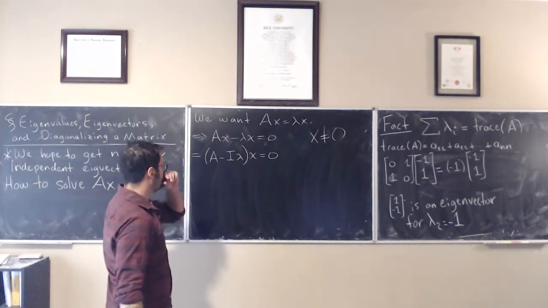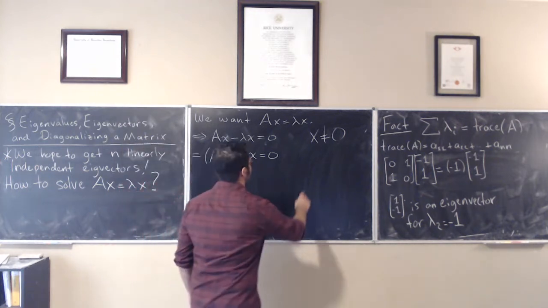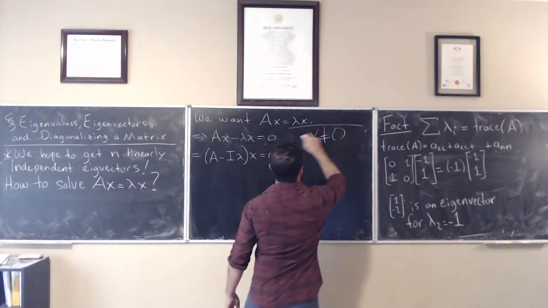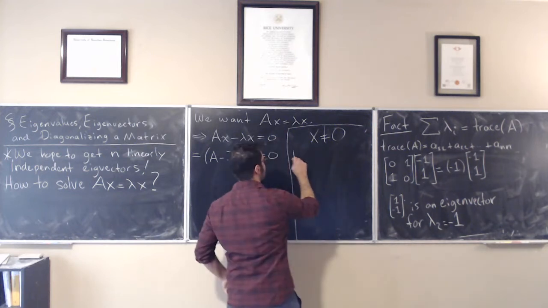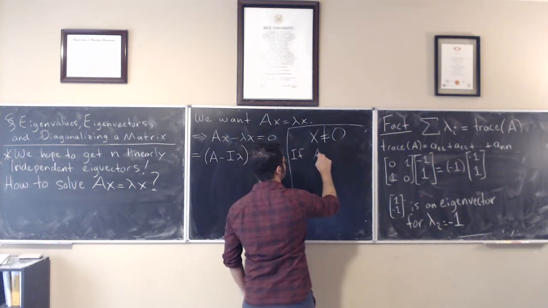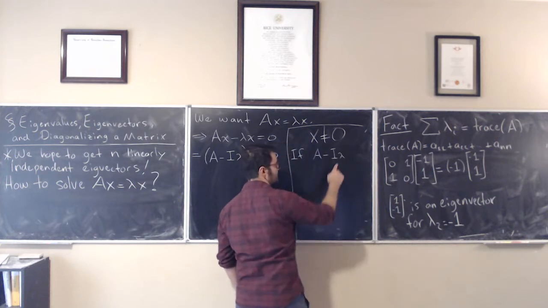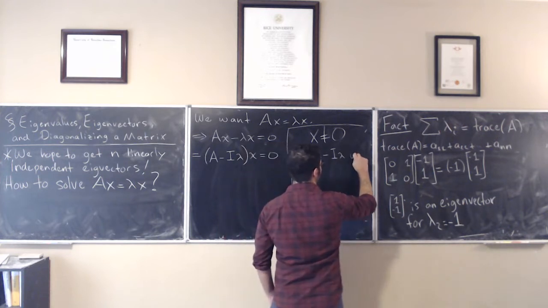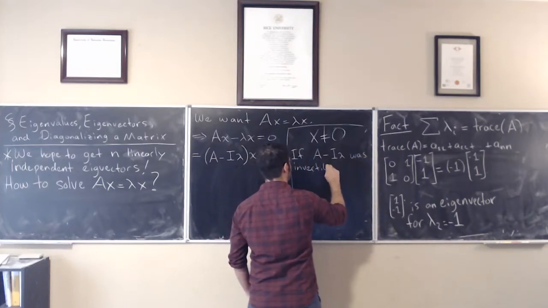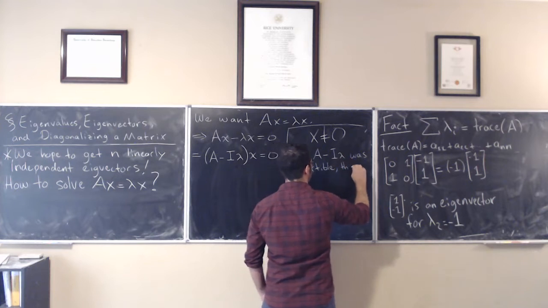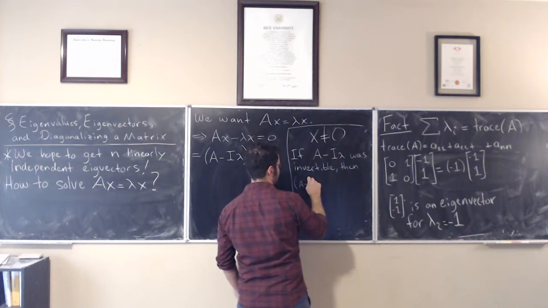Now, because we don't want the zero vector, if A minus I times lambda, the identity matrix, was invertible, then we could just multiply both sides by the inverse.